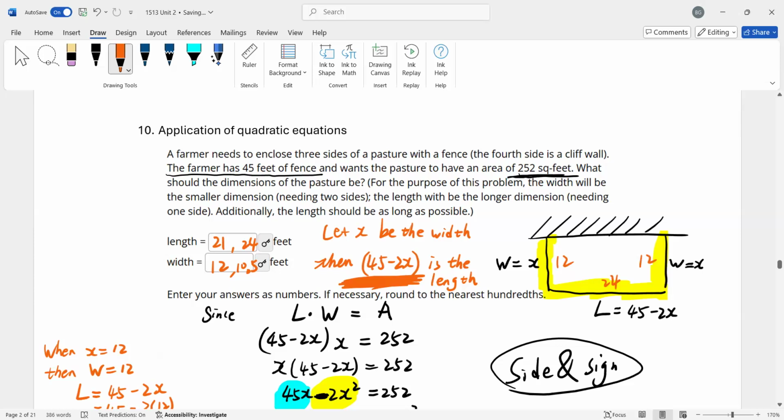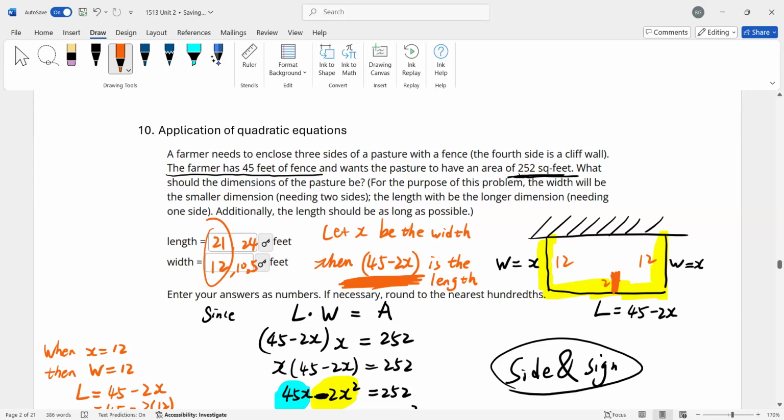If the width is 12 and the length is 21, then adding the two widths, we have 24. 24 plus 21 is 45. So 45 is all the fence that the farmer has.